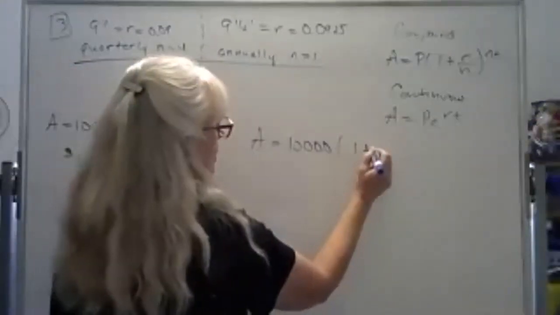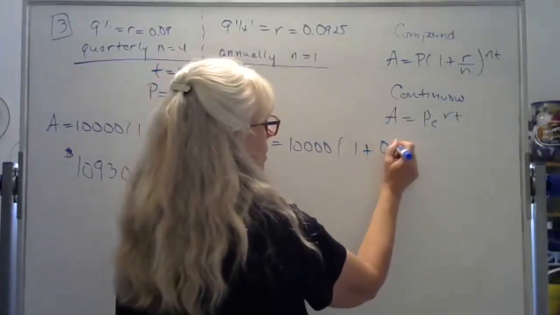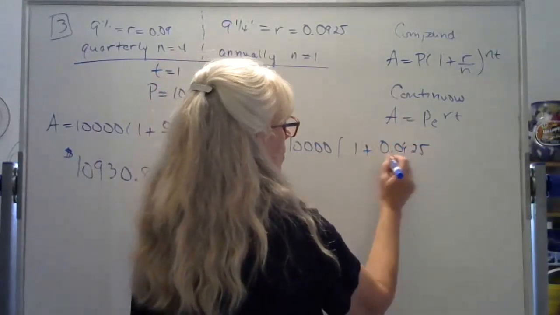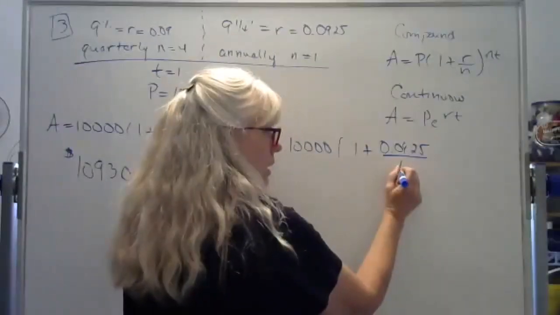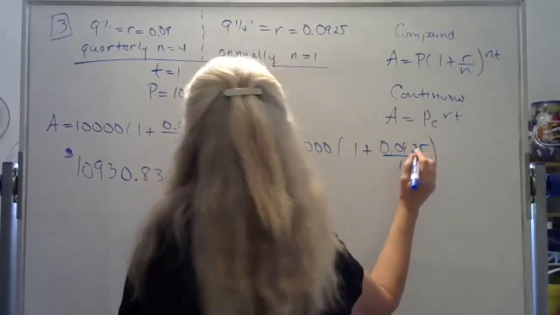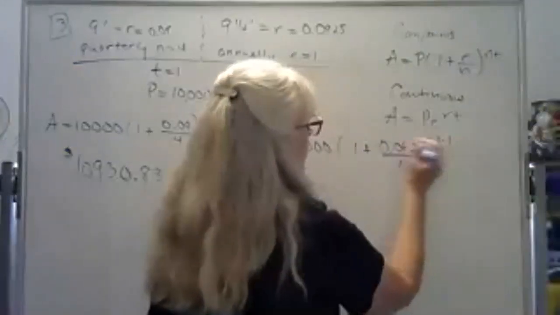Because now we have to go do the 9 1/4%. So that would be 0.0925. But this time it's only going to be divided by 1 because it was annually. And that would be 1 times 1 as an exponent.